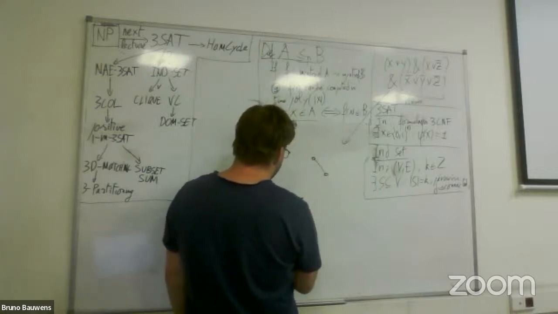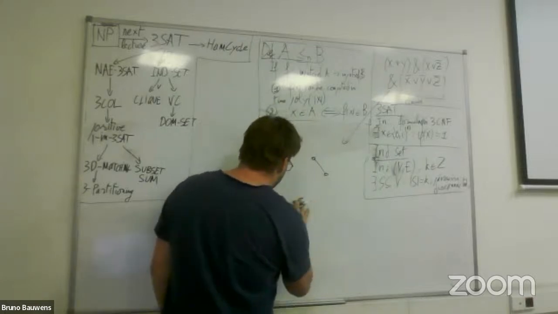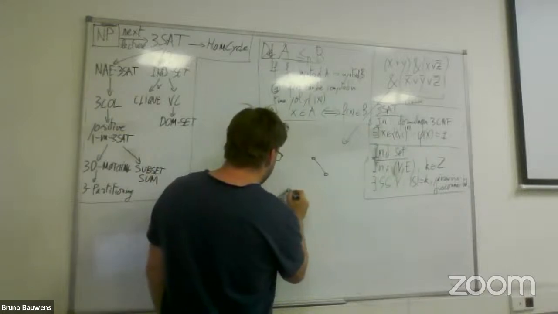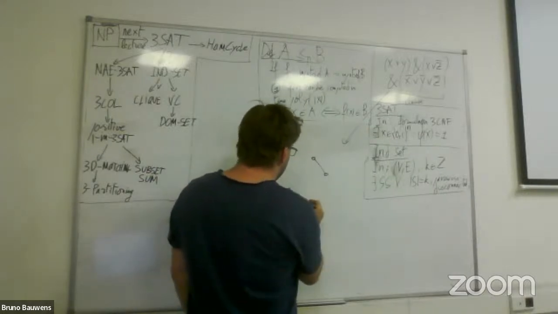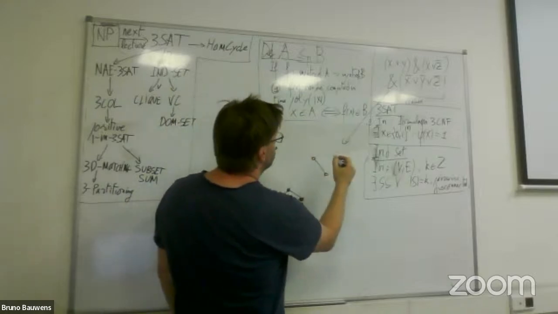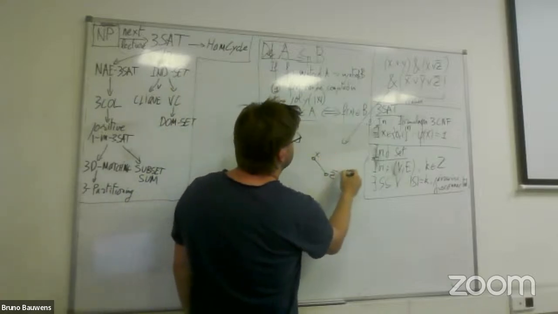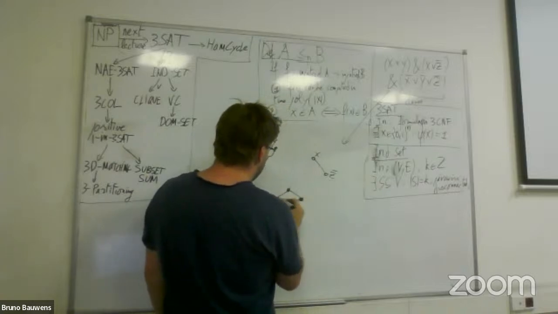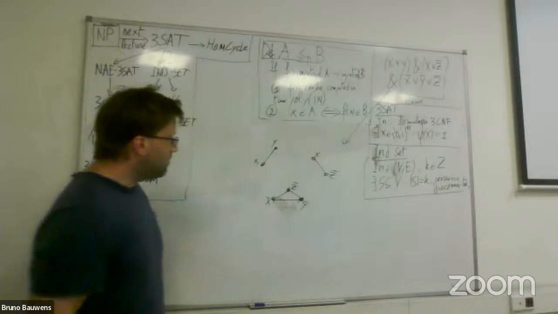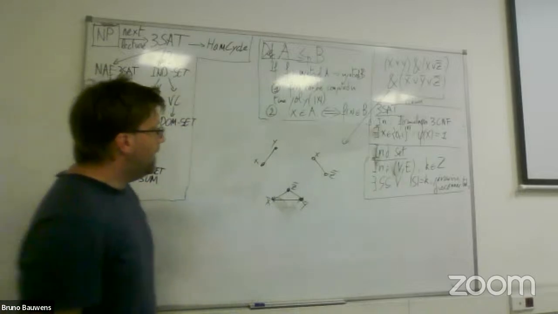A clique of size 3 is a triangle. And let us write labels according to the literals: x, not z, and then not x, not y, not z.